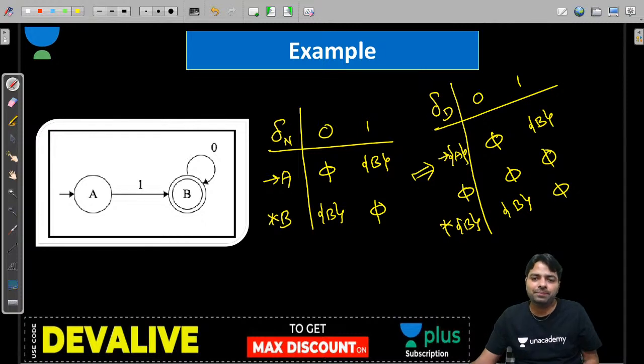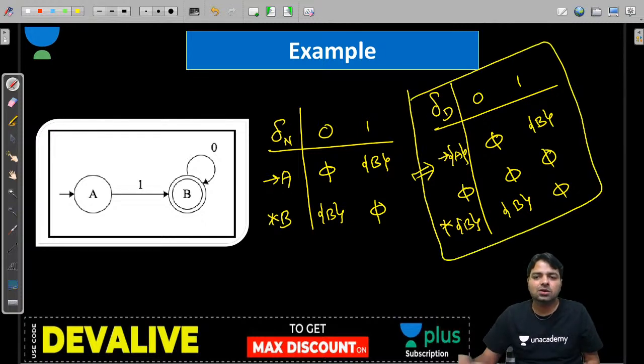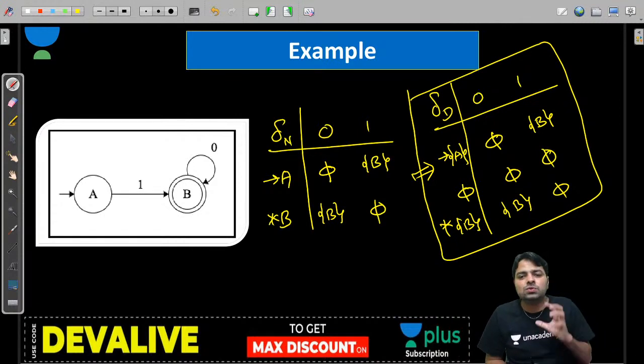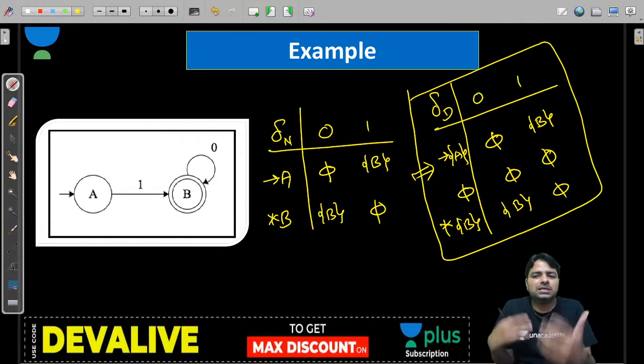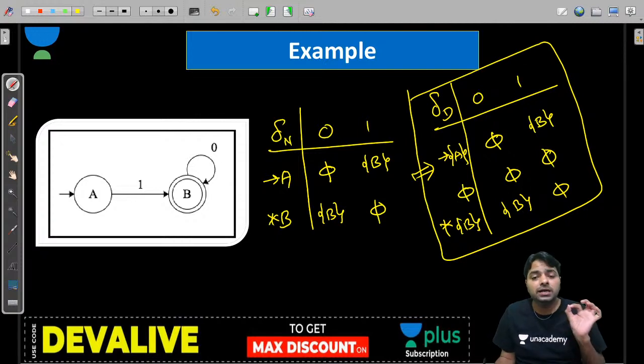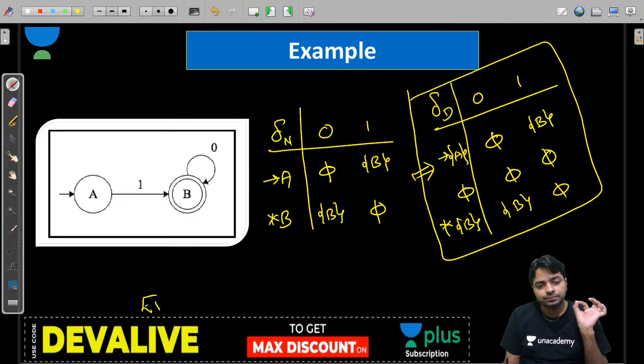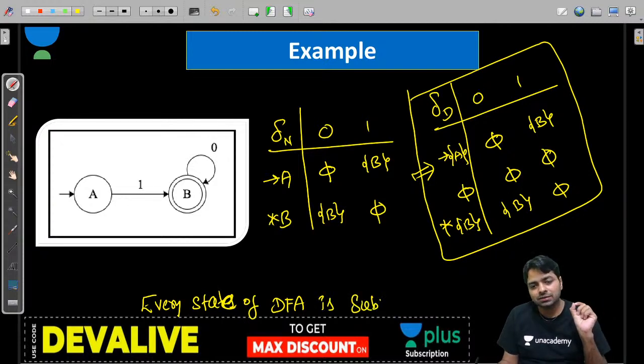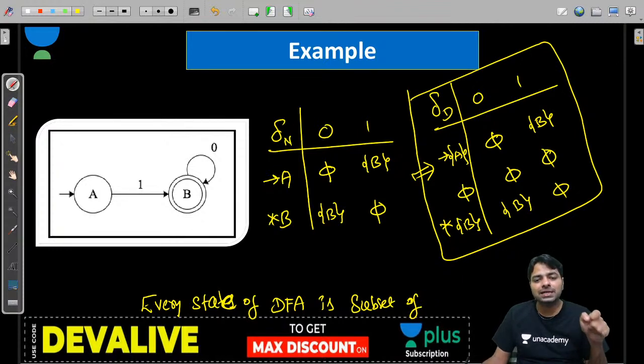Now we got a DFA. This is just all DFA it is. No need to write all 2 power n states, which will waste your time. Yes, this is your DFA, guys. You can now rename the states if you want, because here every state of DFA is a subset of the set of states of NFA.